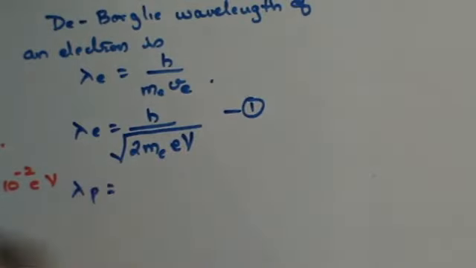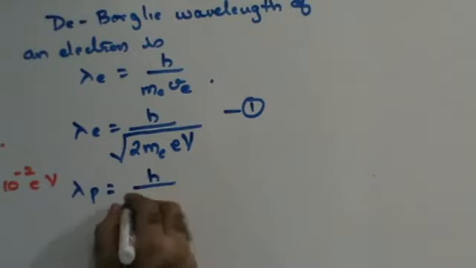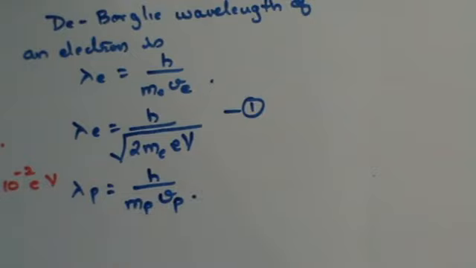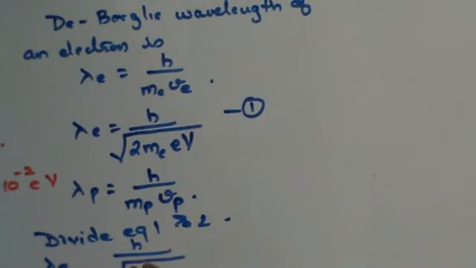Now de Broglie's wavelength for a proton will be nothing but h upon mass of the proton into velocity of proton. Right? Now if I divide equation 1 and 2, I'll get lambda E upon lambda P is h upon square root of 2 MEeV upon h upon MP into VP.